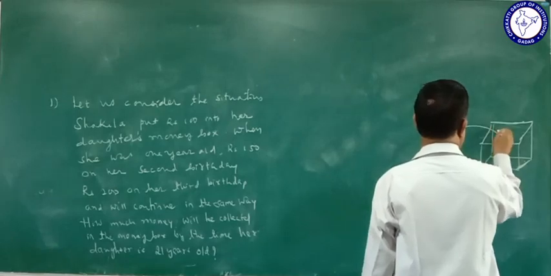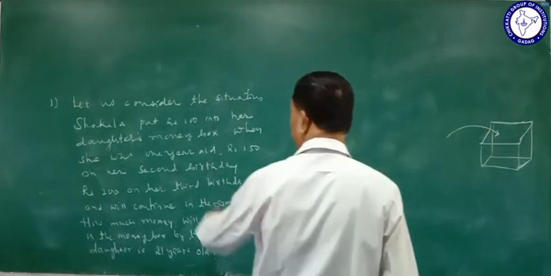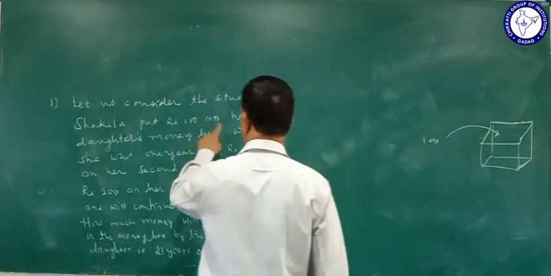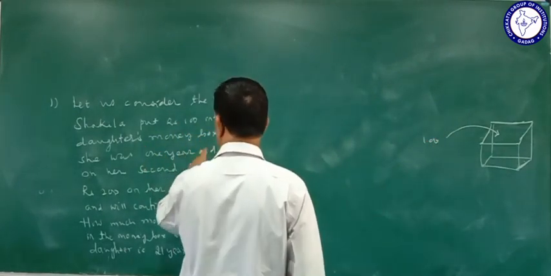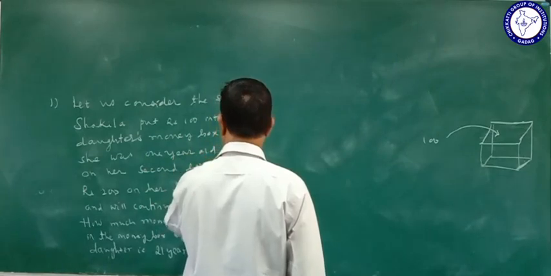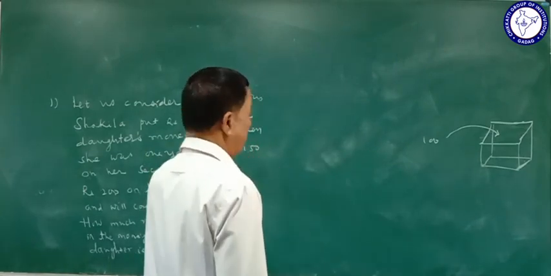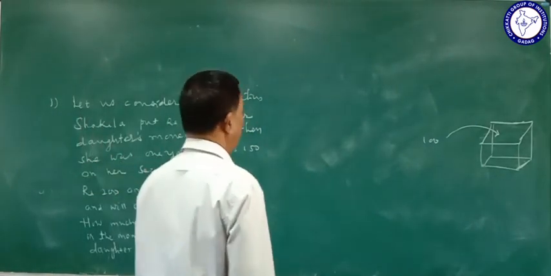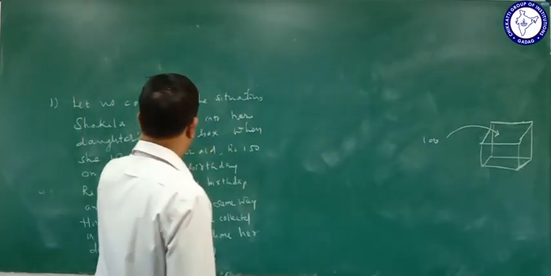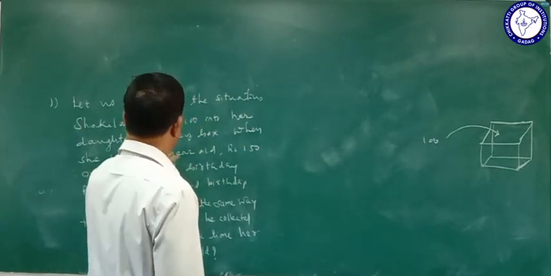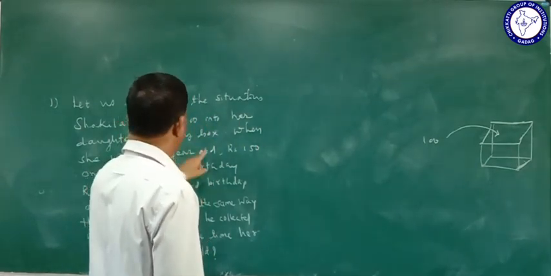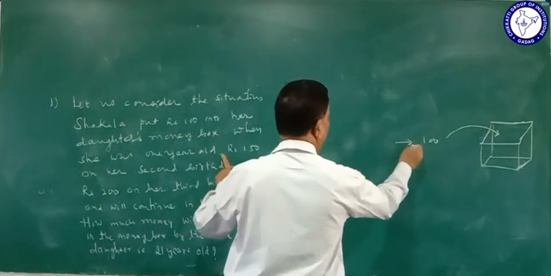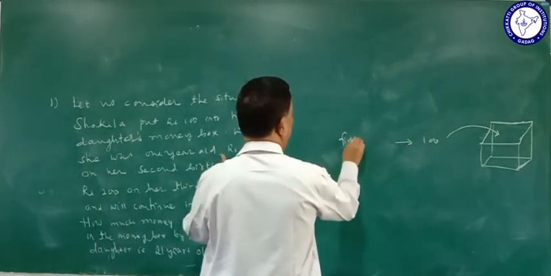In the first birthday, what happens? Shakila put Rs 100 into her daughter's money box when she was 1 year old. 1 year old means first birthday. First birthday, how much? 100.